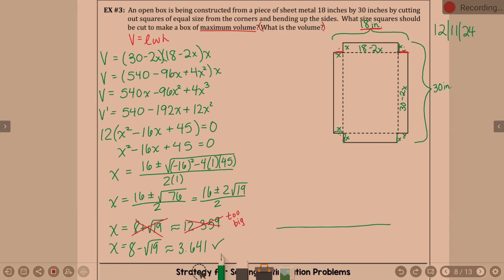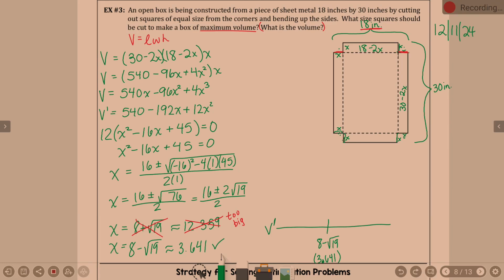Think about a sign chart. What is our one critical value? I'm going to list it as 8 minus the square root of 19, but we did find it to be approximately 3.641. And this is a sign chart for the derivative, V prime.